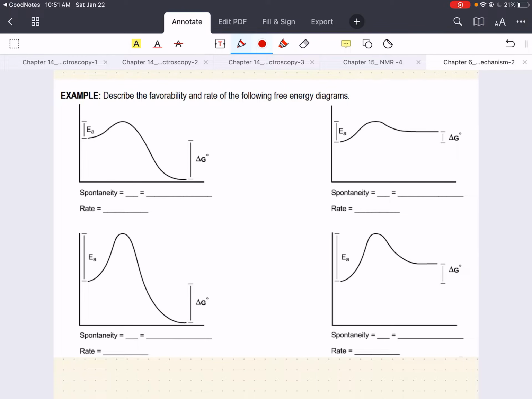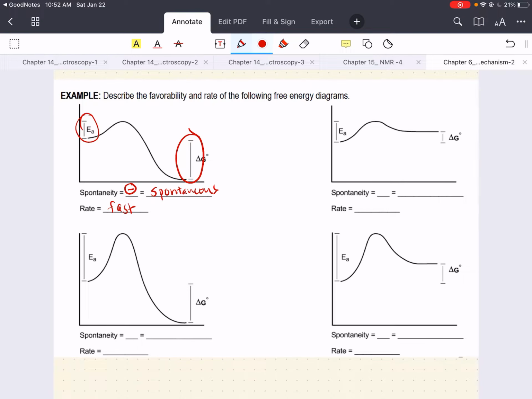So here, we're going to look at this delta G. This delta G looks like it's going to be negative, and so this reaction is going to be spontaneous. The activation energy here is very small, so the rate of this reaction is probably going to be pretty fast.